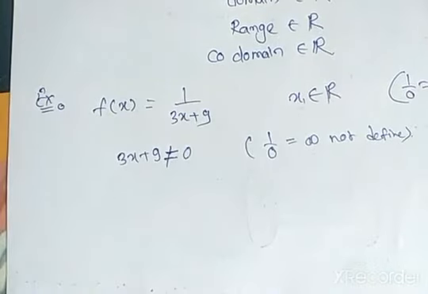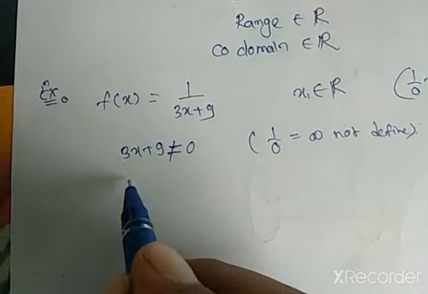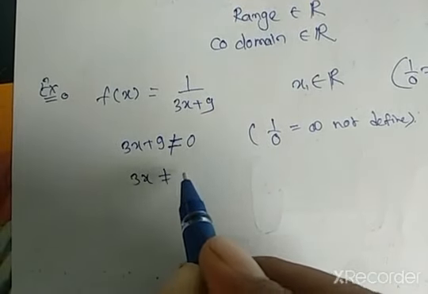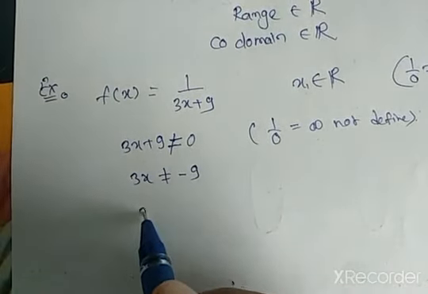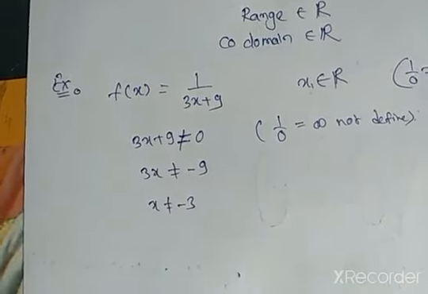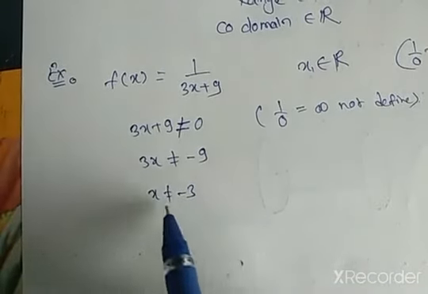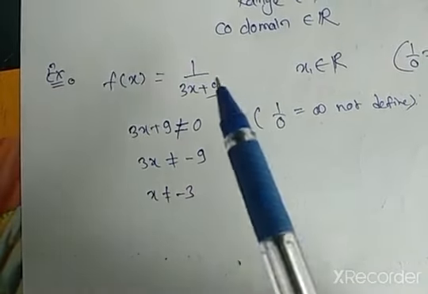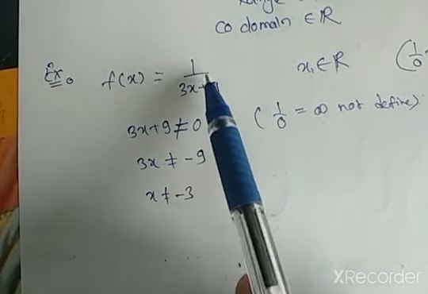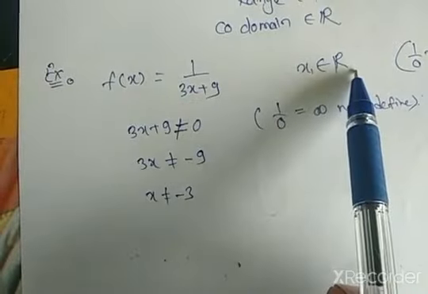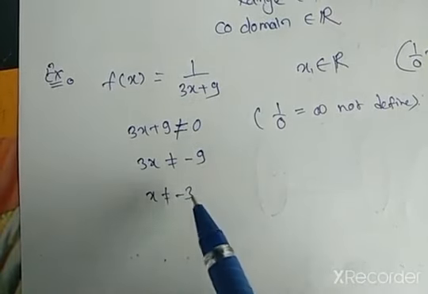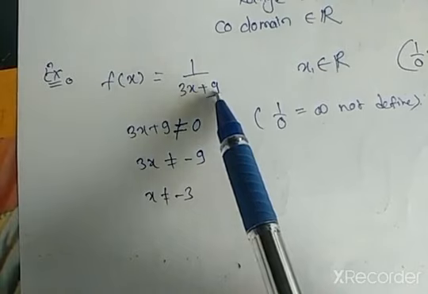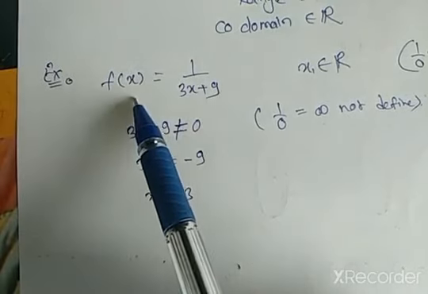So 3x plus 9 not equal to 0, which means 3x not equal to minus 9, and which means x not equal to minus 3. So for x not equal to minus 3, this value 3x plus 9 will belong to R. If we take x equal to minus 3, it will be minus 9 plus 9, which is 0, and the function will not be defined.